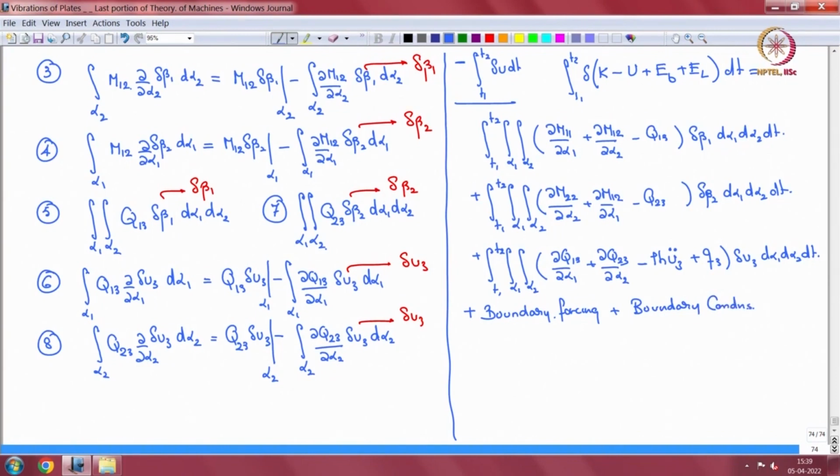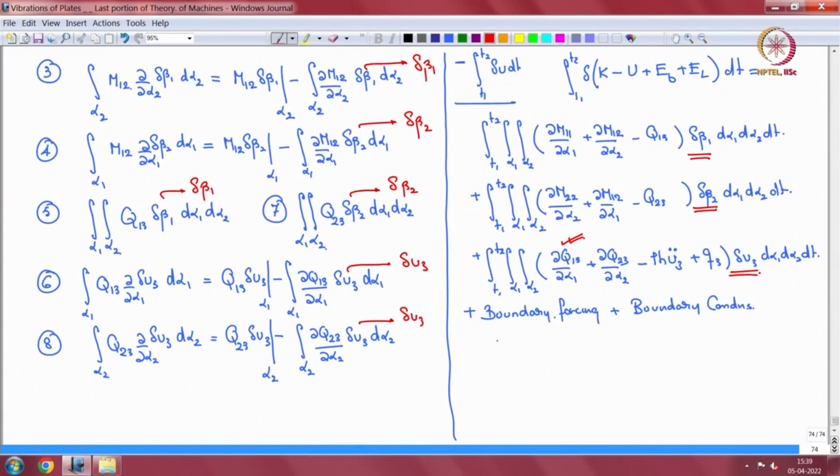So that gives us what? From here, okay, as these variations can take any form, each of these terms has to be 0.